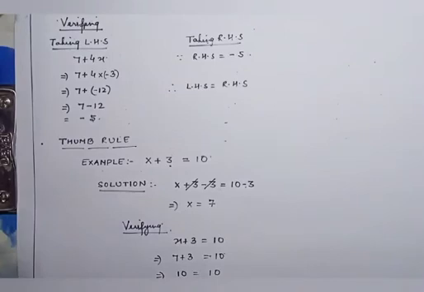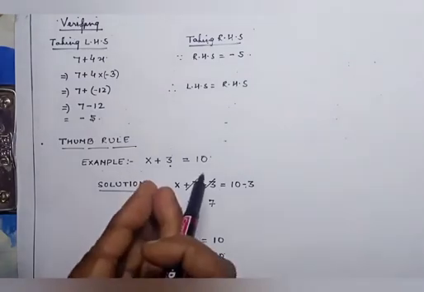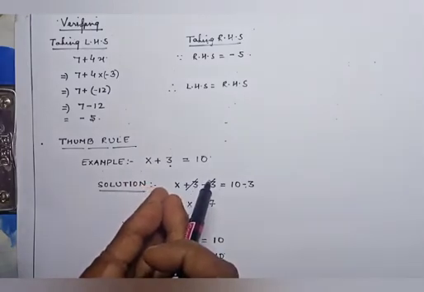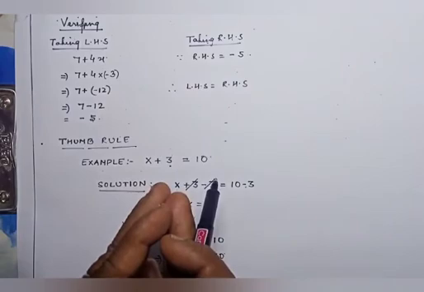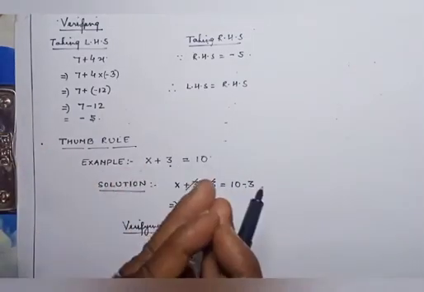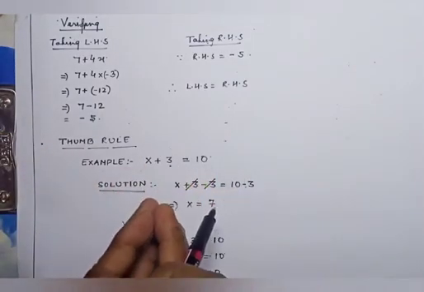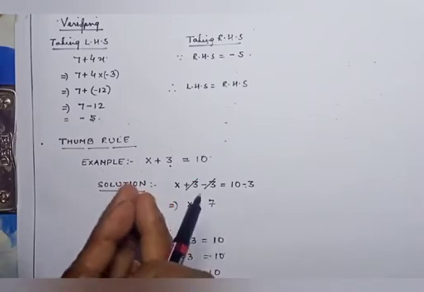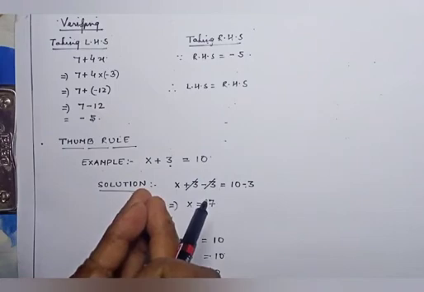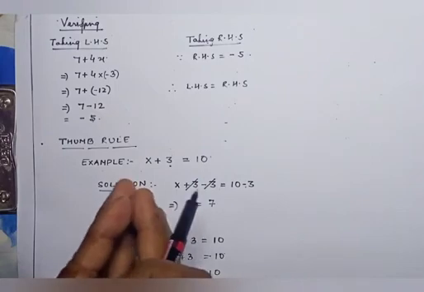Now the third rule is the thumb rule. In this rule, we do not shift the constant, but we see the constant and place the opposite of the constant.